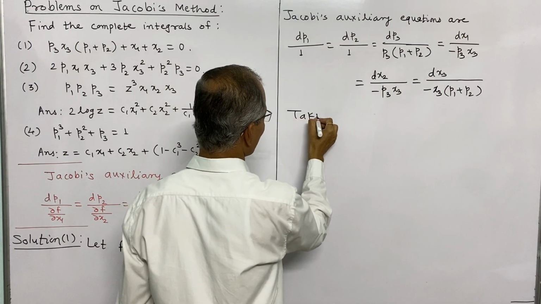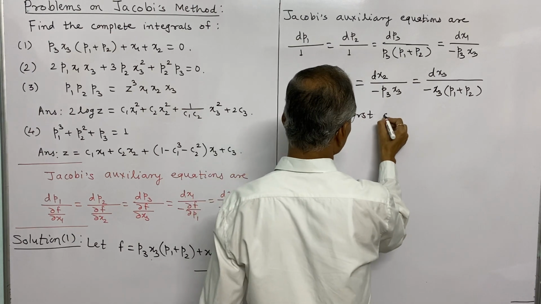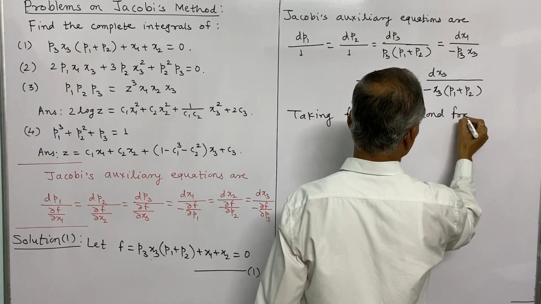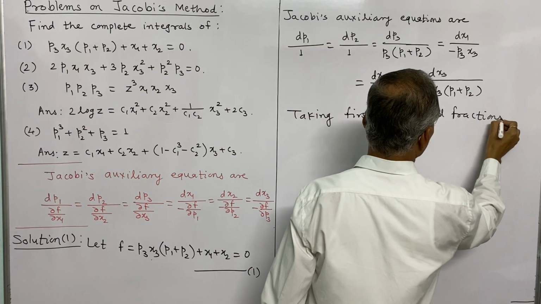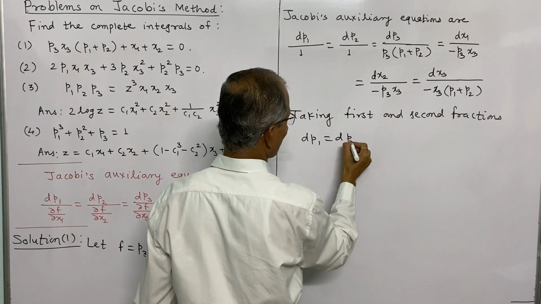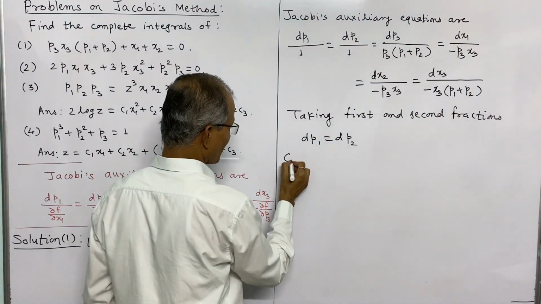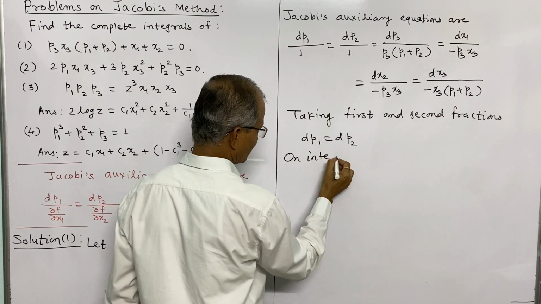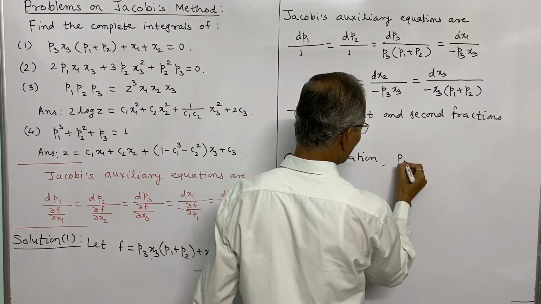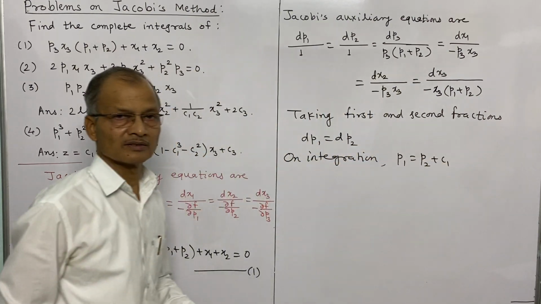So taking first and second fractions or ratios, what we will get is dp1 is equal to dp2, and on integration, this gives p1 is equal to p2 plus a constant of integration, that is c1.